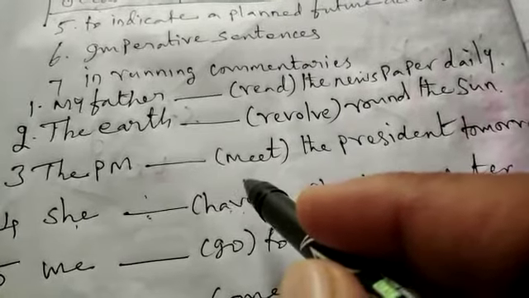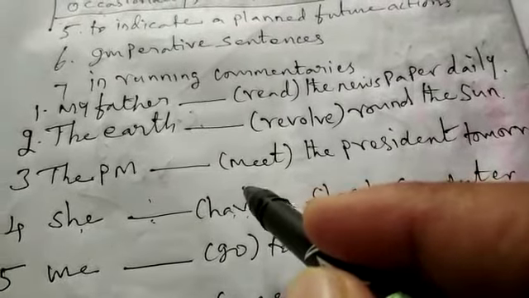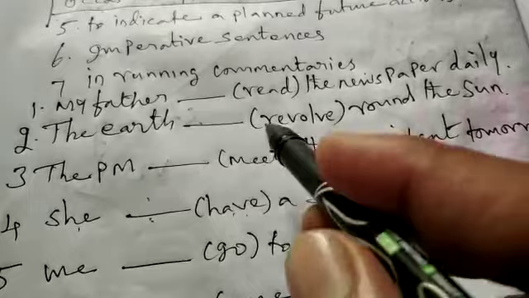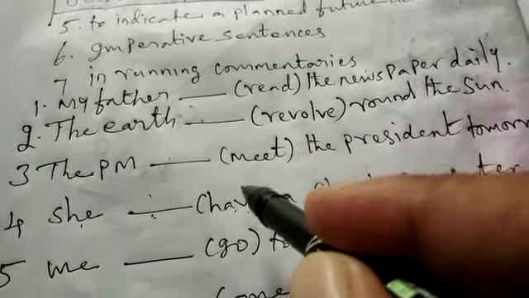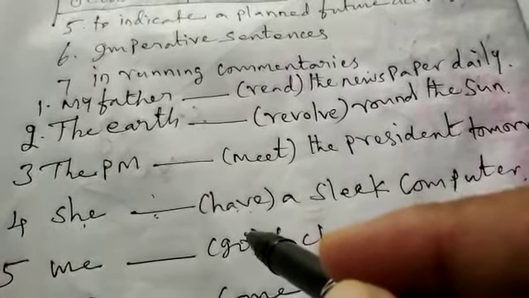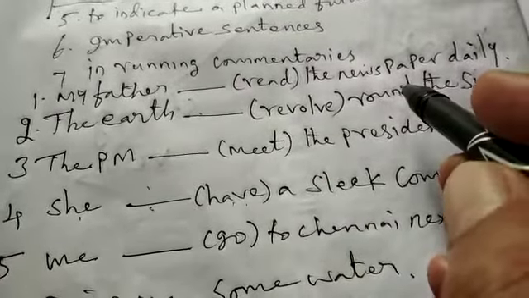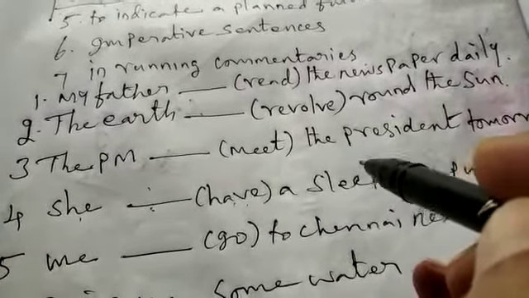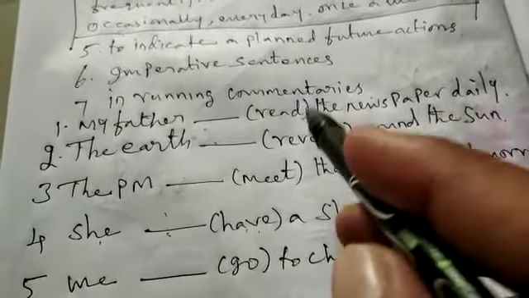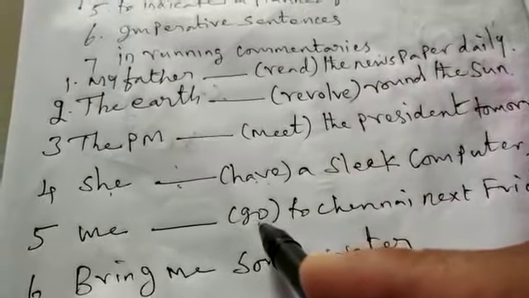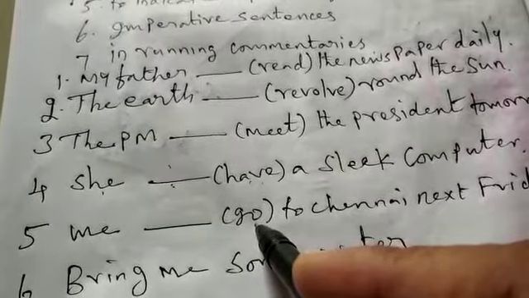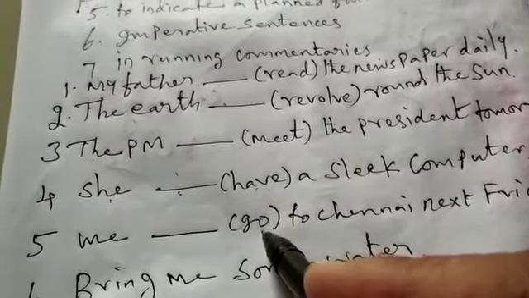V1 means present. The verb within brackets comes in the present form only. You have to change it as per the tense of the given exercise. Here we are seeing about the simple present tense, so here we use this verb in present tense only.